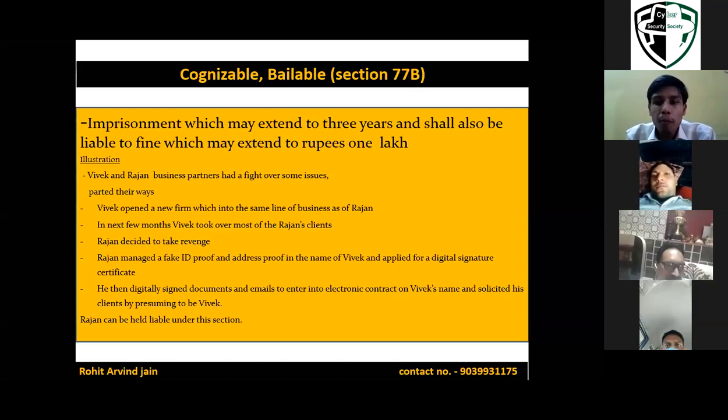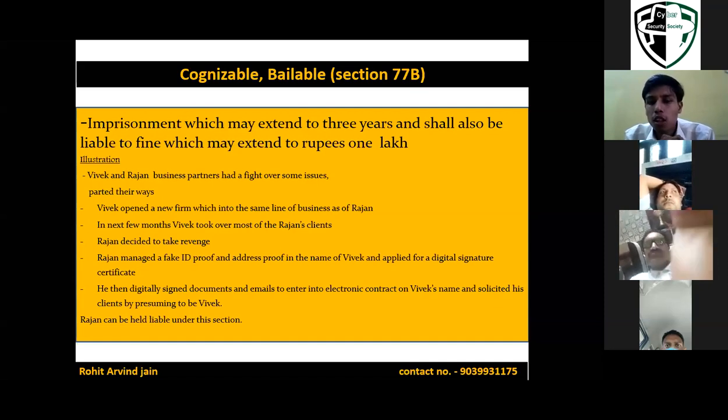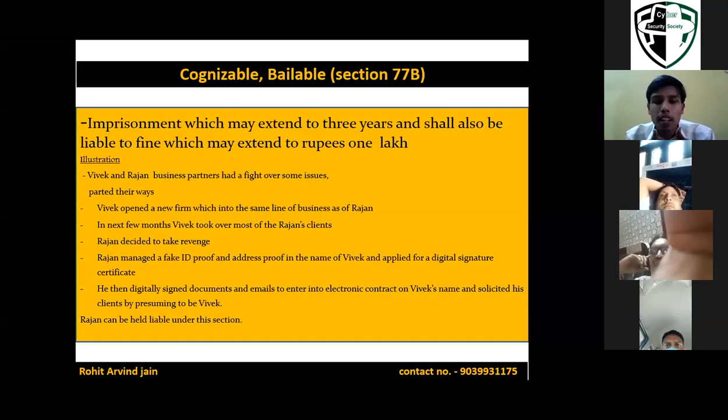Ranjan made a fake ID proof and address proof in the name of Vivek and applied for a digital signature certificate. Then he digitally signed documents and emails to enter into electronic contracts in Vivek's name and solicited clients, presuming to be Vivek. Then Ranjan is said to be liable under this section.